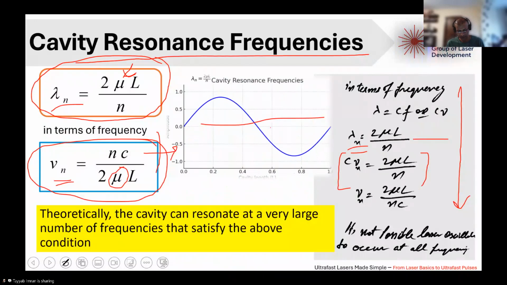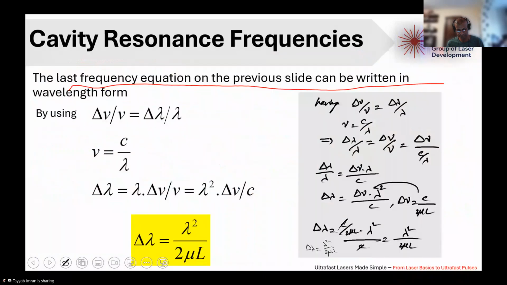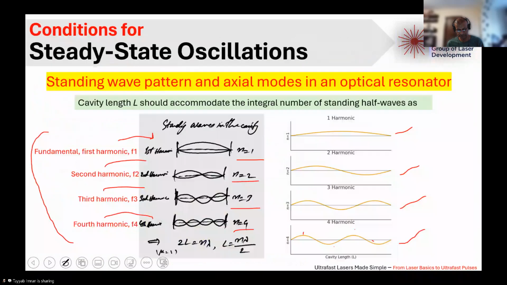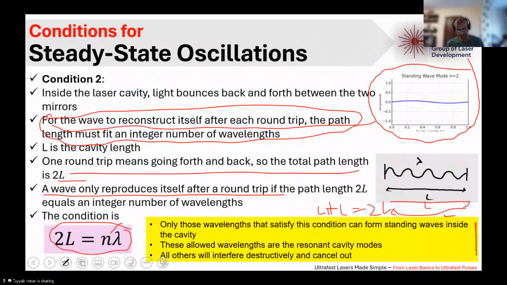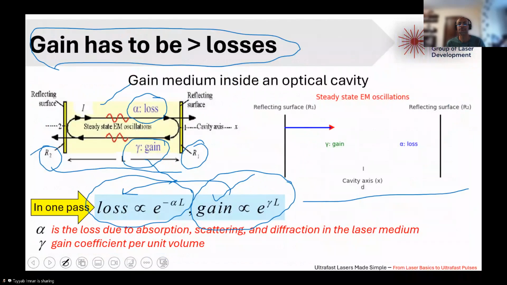Okay. And in the gain medium, gain has to be greater than the losses. The R1 and R2, there is not one with more reflectivity and the other with less reflectivity, or in this case, this doesn't matter? No, in this case we are studying in general.